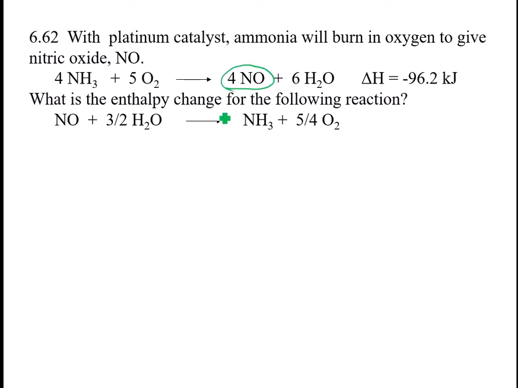So I want to make this NO look like this NO. For number 1, I'm looking at the coefficients. I went from 4 to 1. How do I make a 4 equal to a 1? I'm changing in this direction, so I have to change this one, which means that I divided by 4. So that means that my delta H is equal to a negative 96.2 divided by 4.